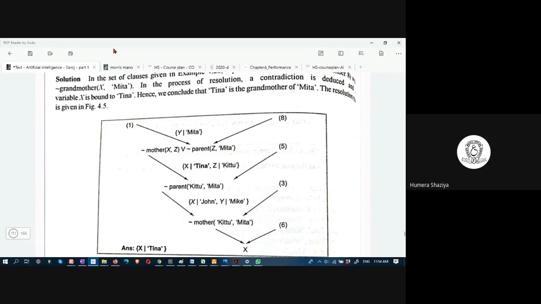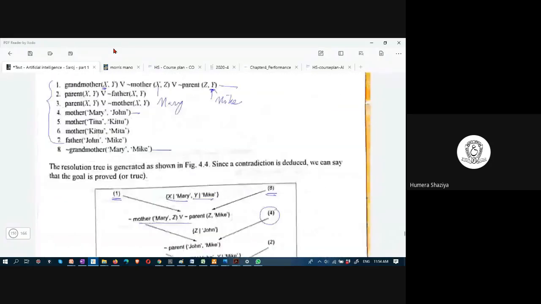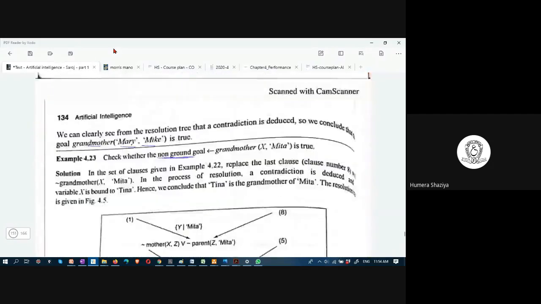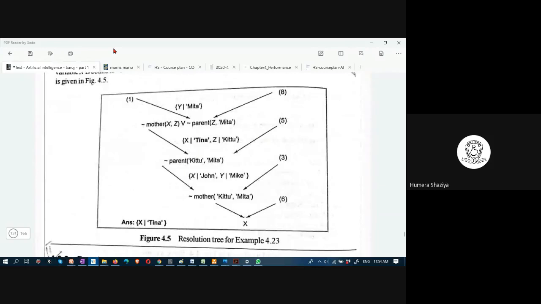From here and here, third, what is there in third? Parent and not mother. Parent and parent would be eliminated. Parent and not parent gets cancelled. And what is left is not mother. Not mother, Kitu is not a mother of Mita.